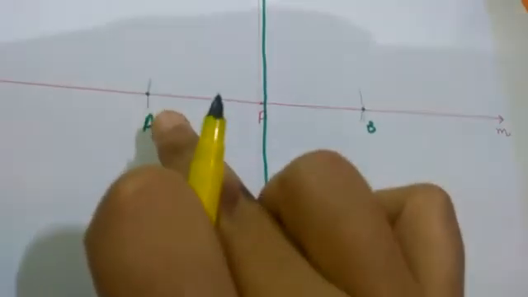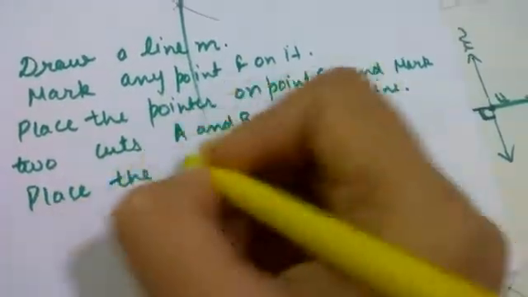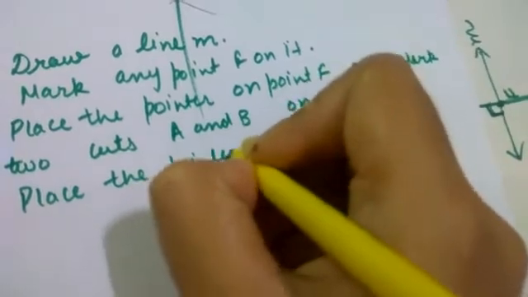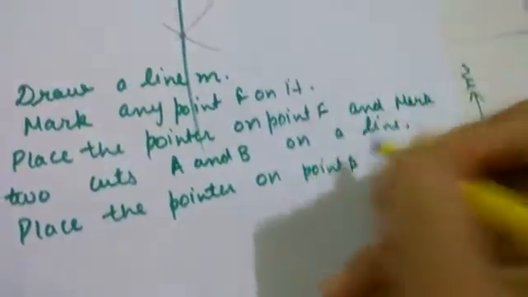Step number 4 is place the pointer on point A and mark the cut, one upper side, one down side.